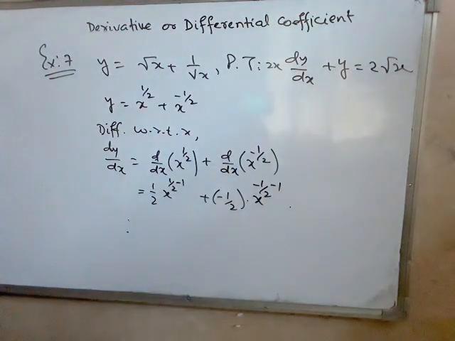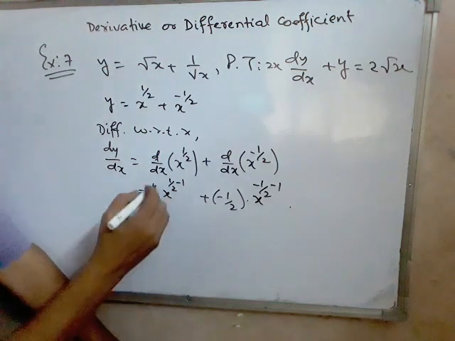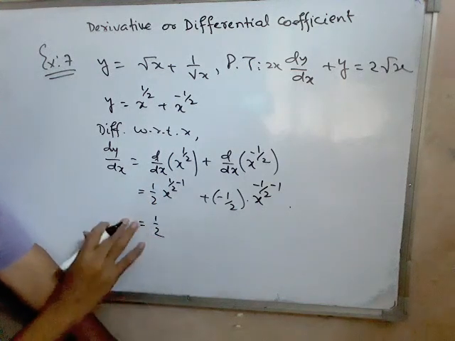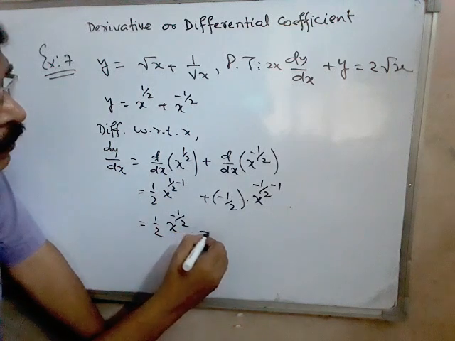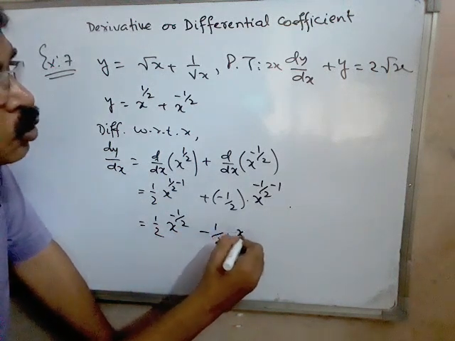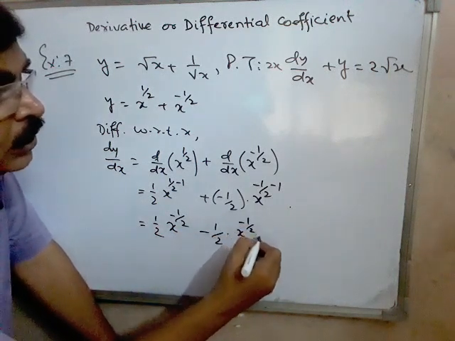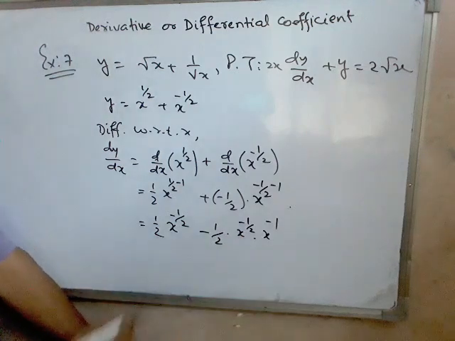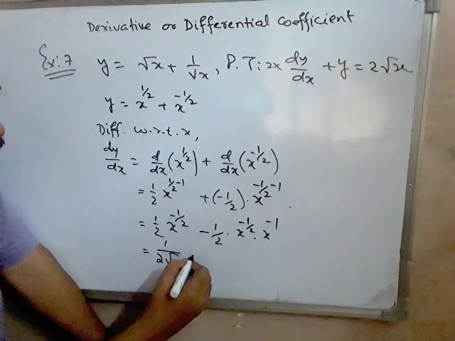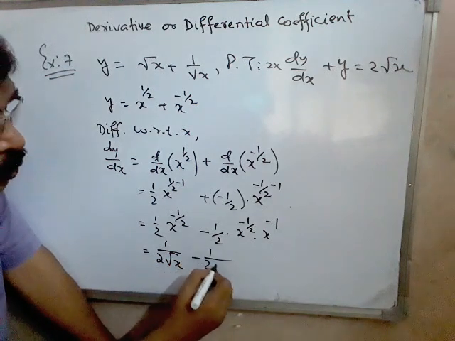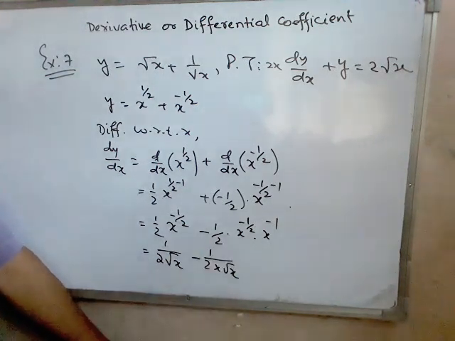Here we have used formula number 2, for x to the power n, whose derivative is n x to the power n minus 1. So finally 1 by 2 x to the power minus half, minus half into x to the power minus half into x to the power minus 1. As a result, we get 1 by 2 root x minus 1 by 2x root x.